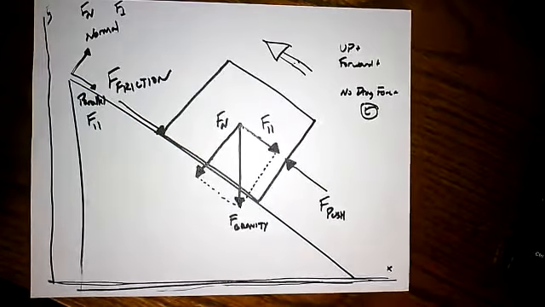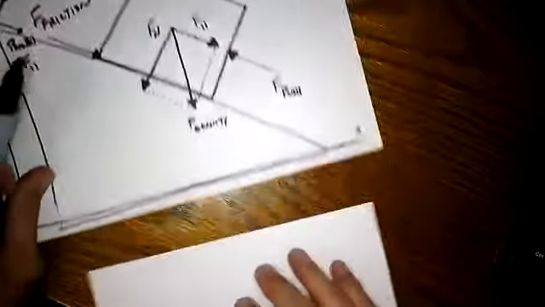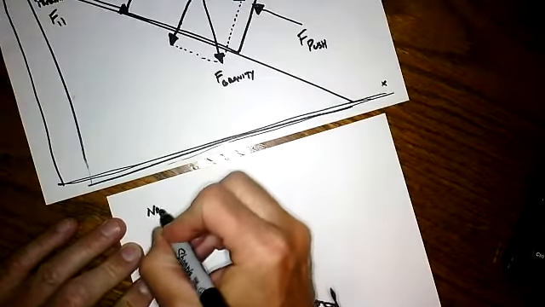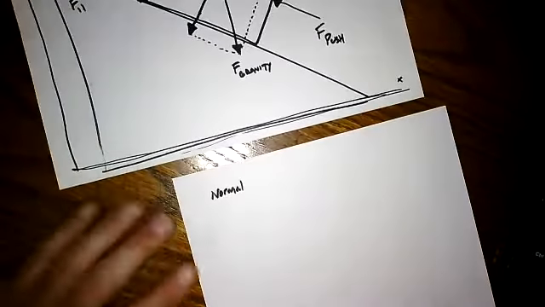Step three, put these forces into Newton's second law. Let's get another piece of paper. Let's do that. So let's start with the normal. This isn't really the one direction we wanted to deal with, but that's okay. It's good practice just to do it.